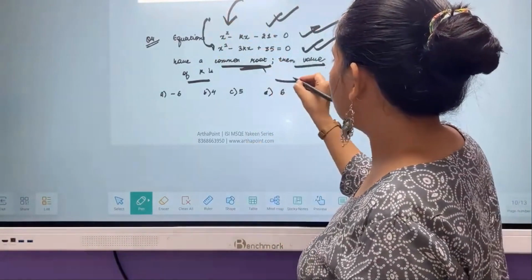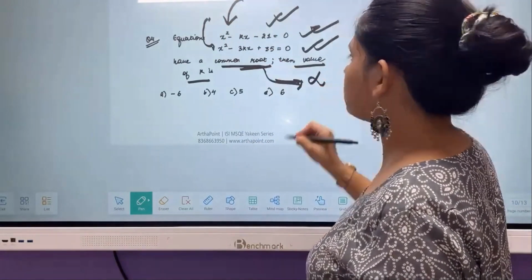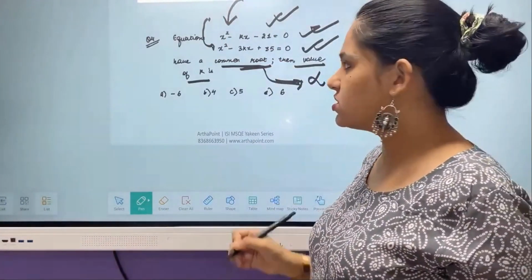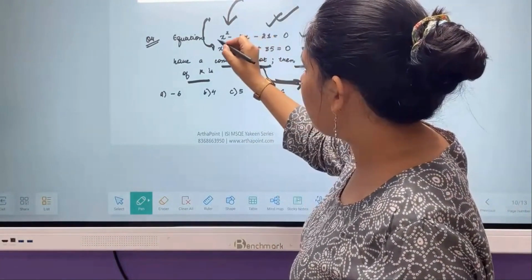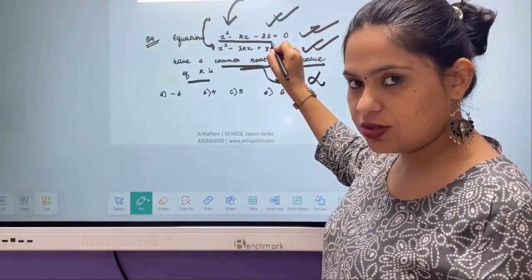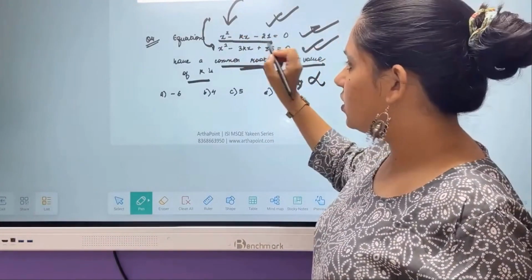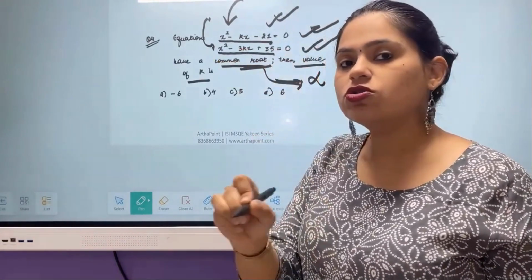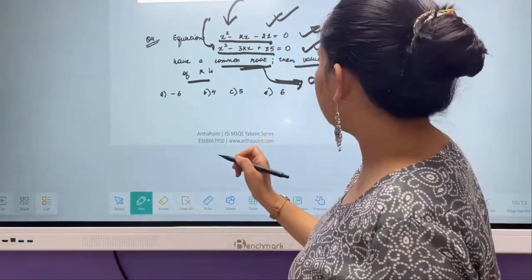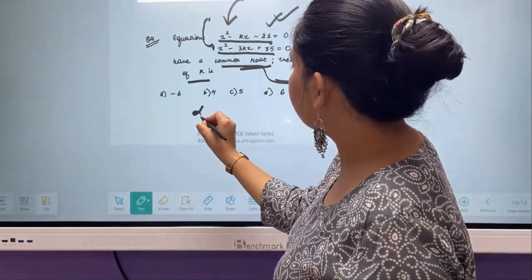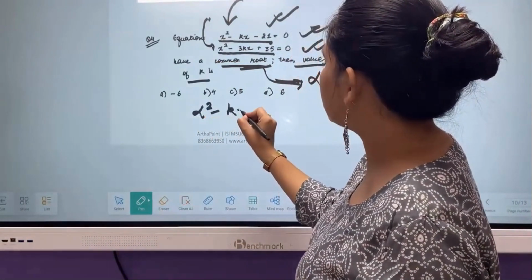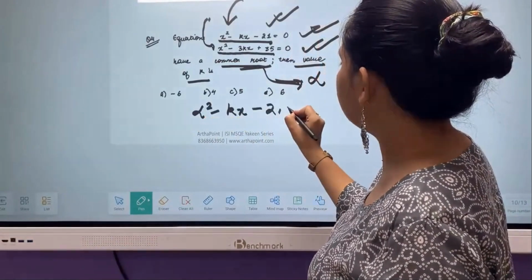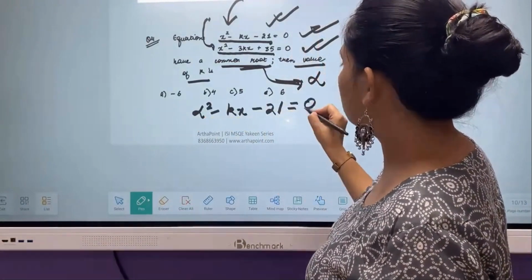Let's say that the common root is alpha. What does that mean? कि when I put alpha in the first equation, that should be satisfied. When I put alpha in the second equation, that should also be satisfied. So can I go ahead and say that alpha square minus k alpha minus 21 is 0.